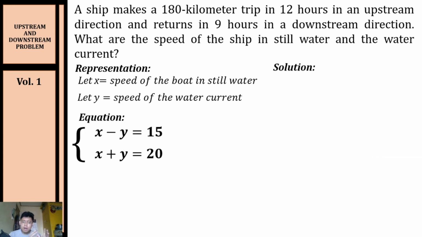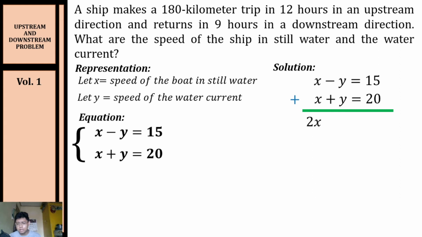Now that we have our simplified form of our equations, we can solve for the value of x and y by using elimination or substitution method. In this case, I will use the elimination method. Let's try to eliminate the variable y. To eliminate y, let's add the equations. x plus x is equal to 2x.